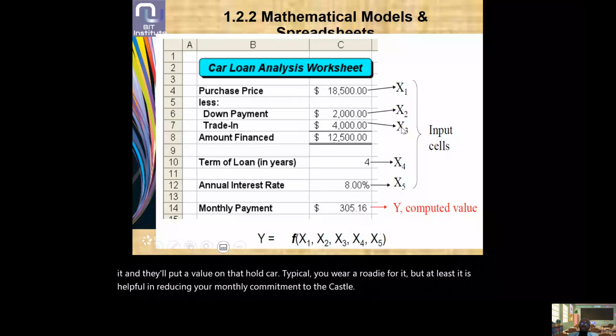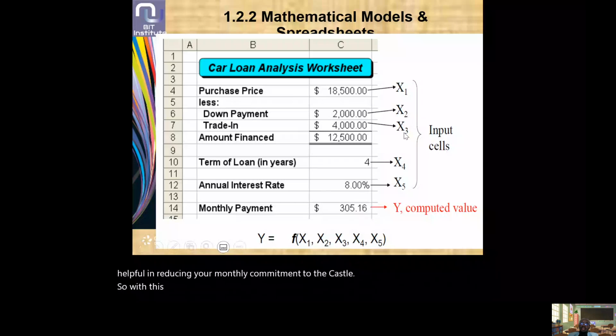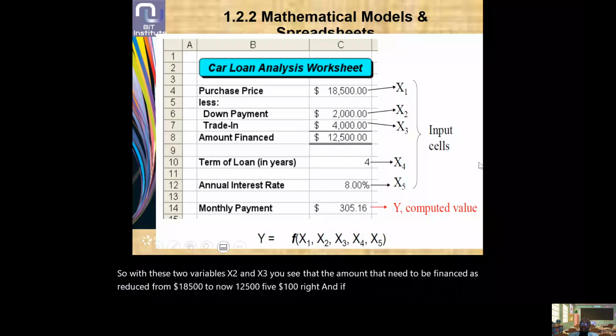So with these two variables, X2 and X3, the amount that needs to be financed has reduced from $18,500 to now $12,500. And if the term of the loan is 4 years, the term of the loan is another variable, X4. And the annual interest that you have to pay because you owe the money, X5, is another variable.